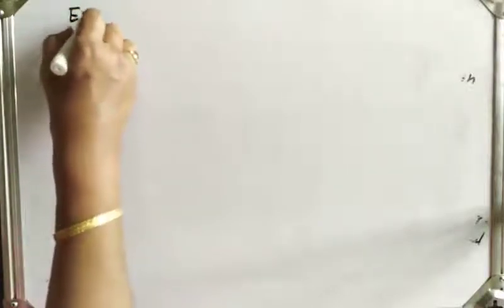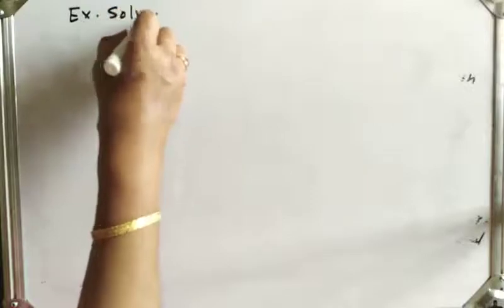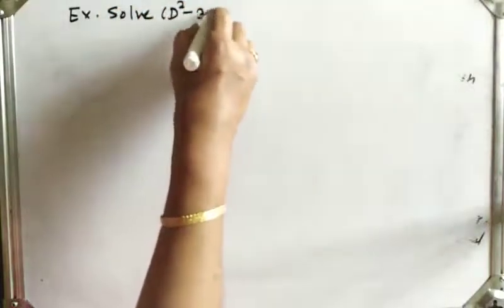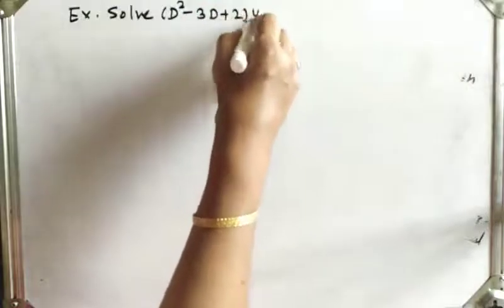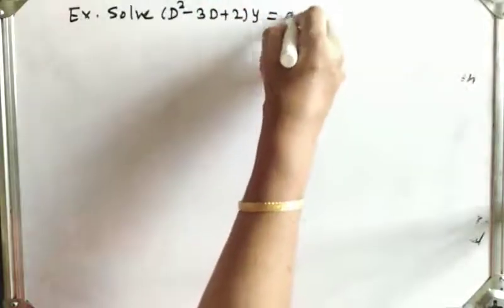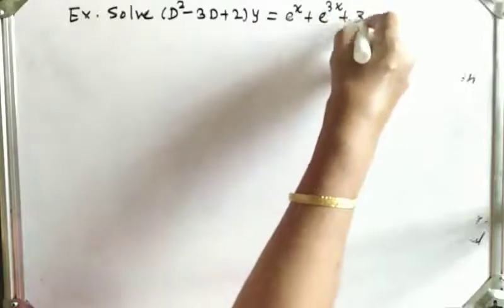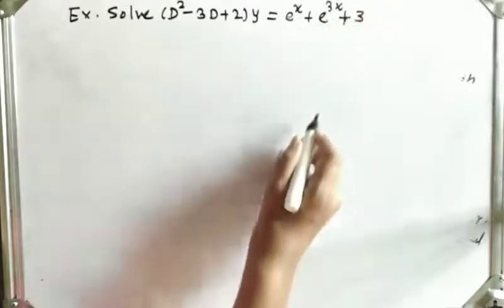So first example, solve (D square minus 3D plus 2) y is equal to e raised to x plus e raised to 3x plus 3.